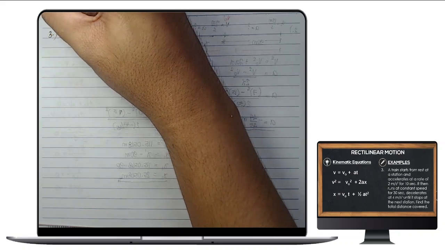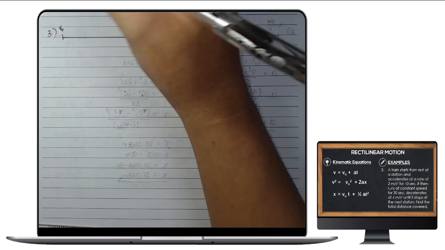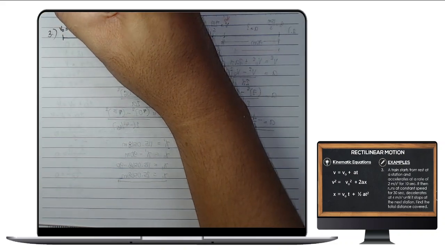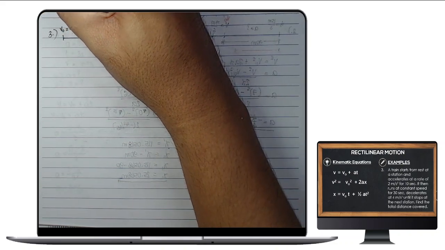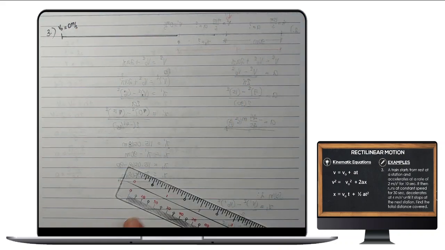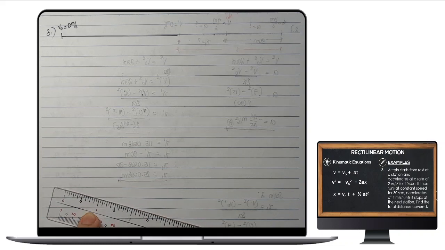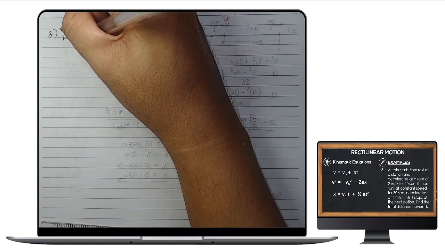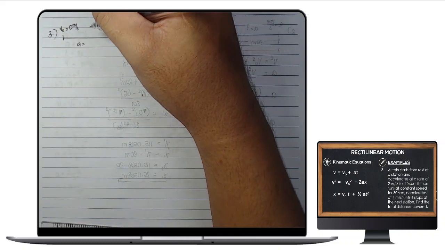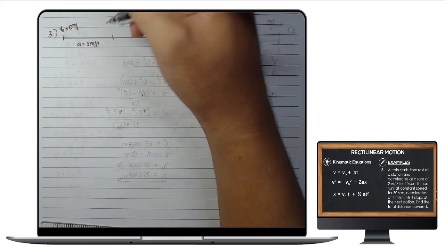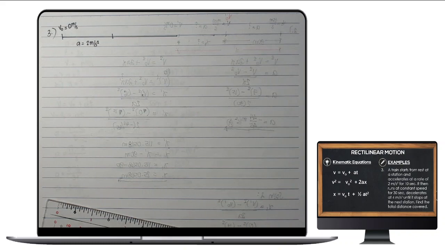So the initial velocity here, let's say that is V sub O, is equal to, since it starts from rest, simply 0 meter per second. And it accelerates at a rate of 2 meter per second for 10 seconds. So its acceleration is 2 meter per second.